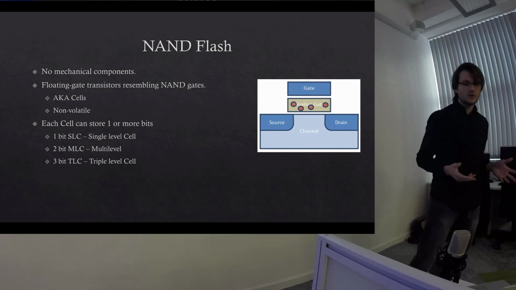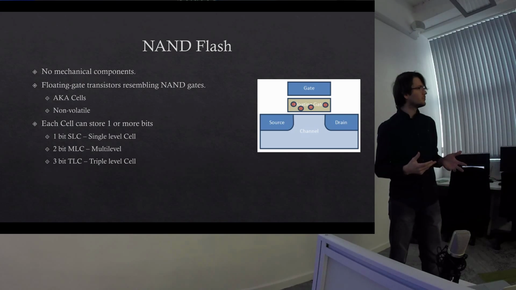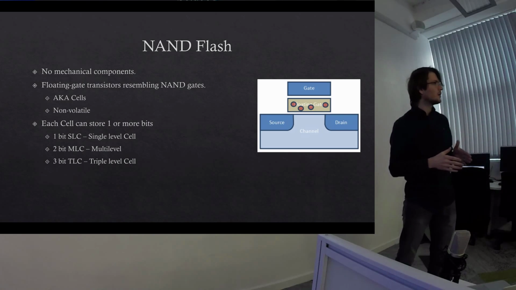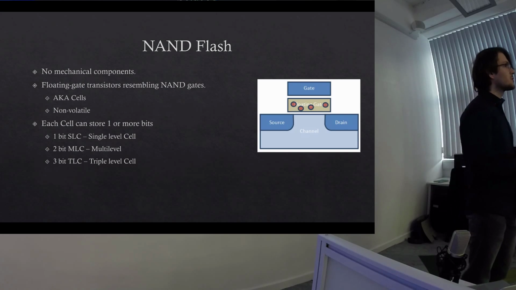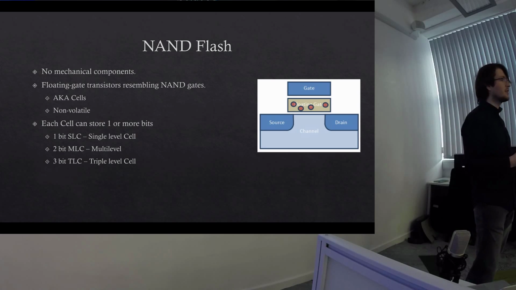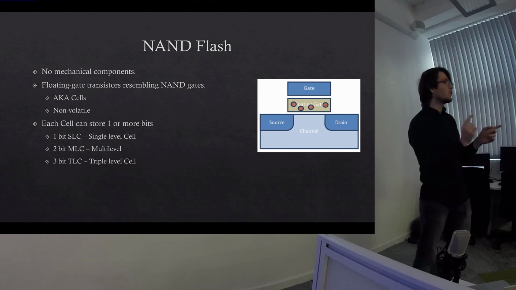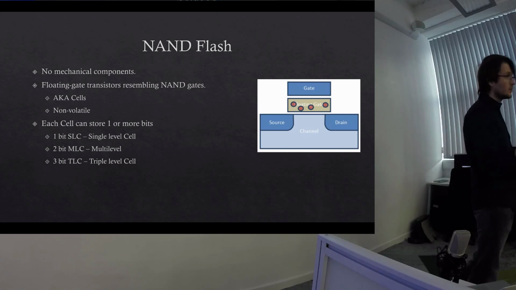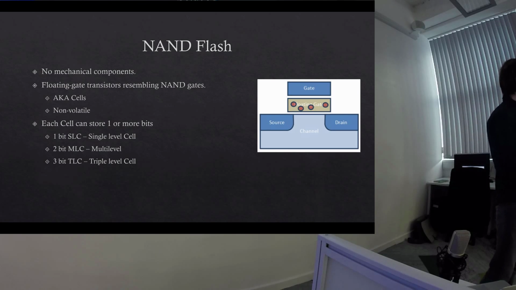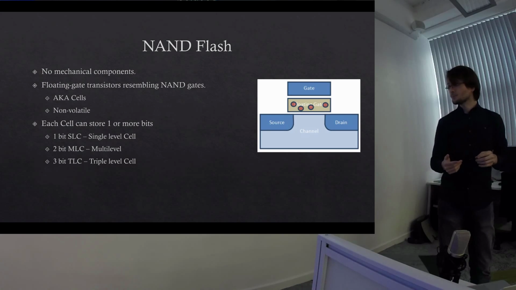So non-mechanical components, they're actually more or less the actual storage unit. In flash, it's called a cell. It's essentially just a transistor, and it basically resembles a NAND gate if you've ever done logic gates. You put in a 1 and 1, you get 1 out; you put 1 and 0, you get 0. So both bits have to be 1 to get 1 out.